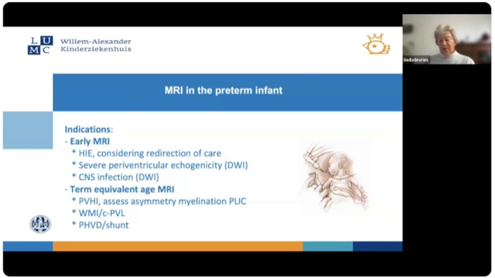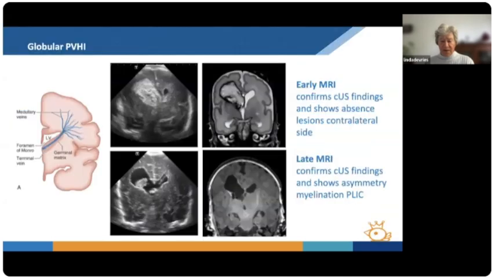And for term equivalent age MRI, I would like an MRI if the child has got a periventricular hemorrhagic infarction, a grade 4, so to speak, and to look for asymmetry of myelination of the posterior limb of the internal capsule in children who did develop cystic PVL to see the extent, and also children who had post-hemorrhagic ventricular dilatation and needed neurosurgical intervention, a reservoir or a shunt.